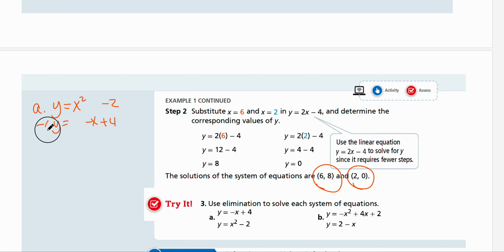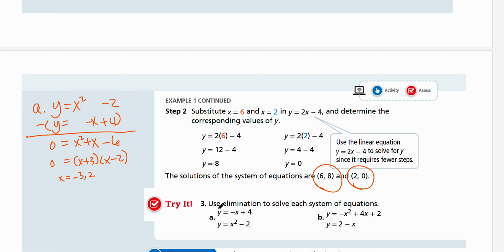So we're going to subtract the linear equation from the quadratic. y minus y would be 0, x squared minus 0, 0 minus negative x, negative 2 minus 4. Then we're going to factor this out. We need factors of negative 6 that add up to plus 1. So that would be x plus 3, x minus 2. So x is equal to negative 3 or 2.